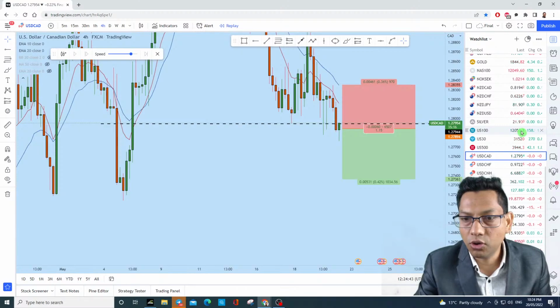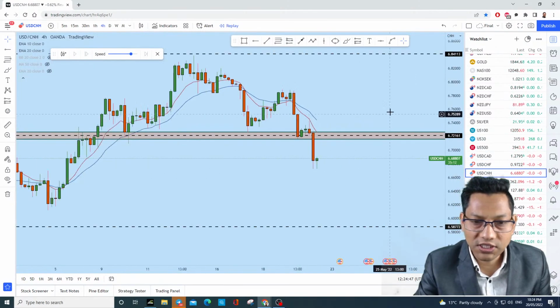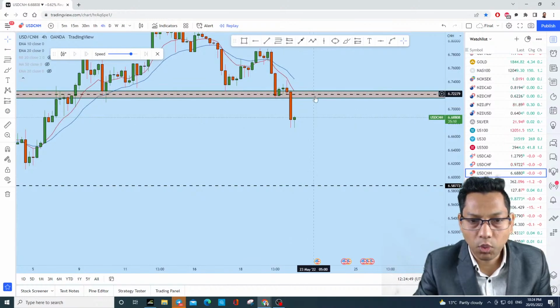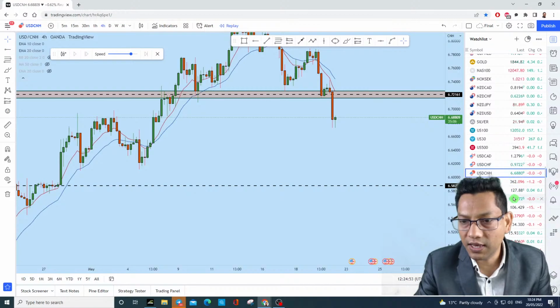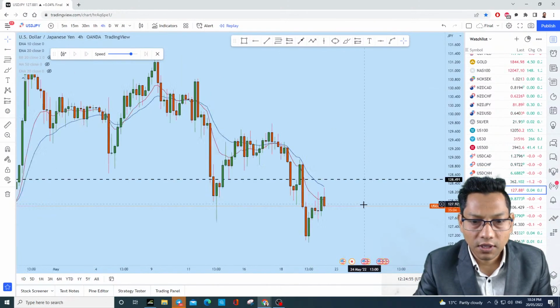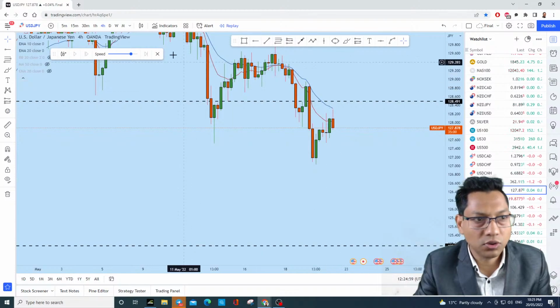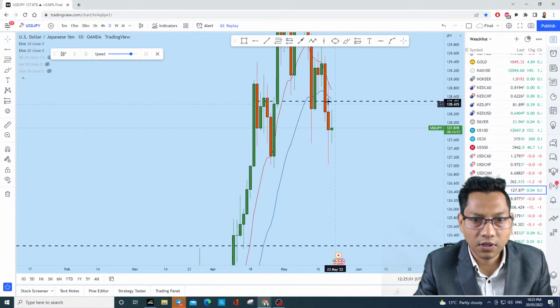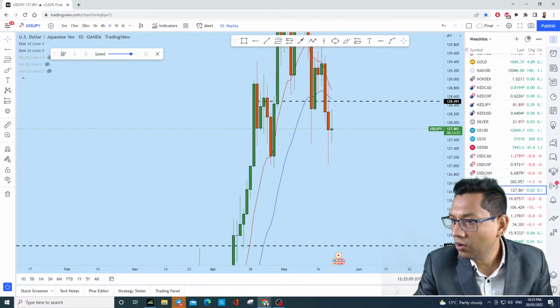Trading is like that. USD CNH, I think I will be waiting for the price to go there, and then I will be selling. Dollar yen looks like it's dropping now, but if it comes to this daily moving average, then I will only be selling dollar yen.